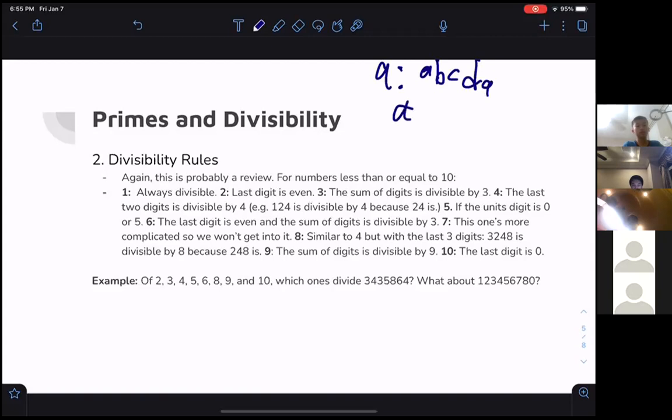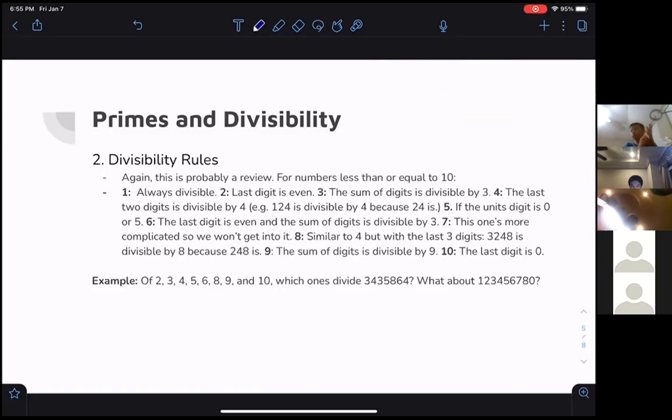Then we have A times 9 cubed plus B times 9 squared plus 9C plus D. Or sorry, this is a bit different from what I was thinking.